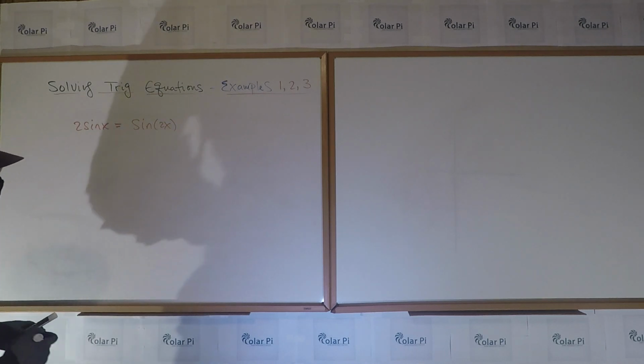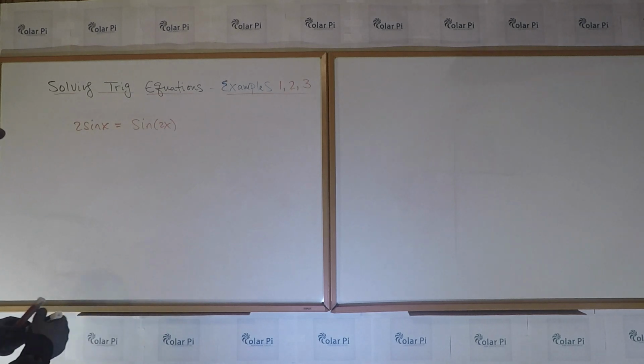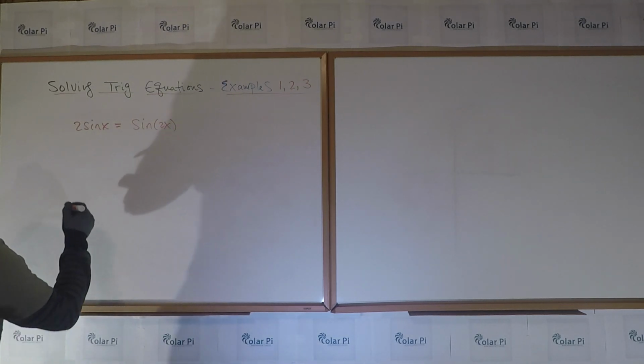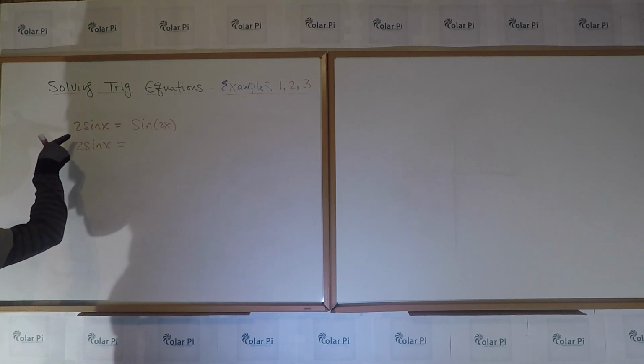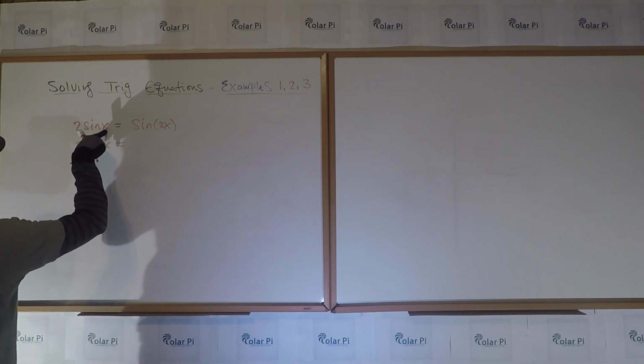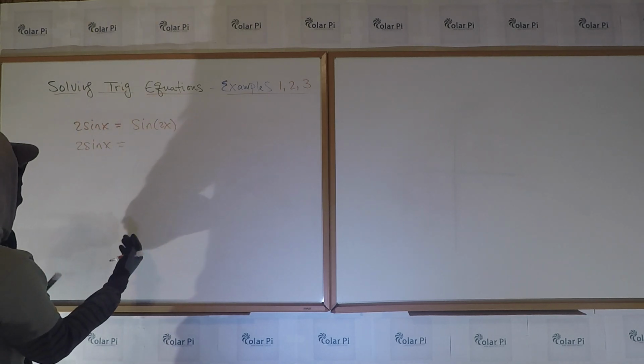And there's no restriction, so this time we're going to be able to see what you need to do when there's no restriction. Okay, so first I write 2 sine x is equal to, see, if you have a trig equation where the argument is not the same, the first thing you need to do is figure out how to make the argument the same.